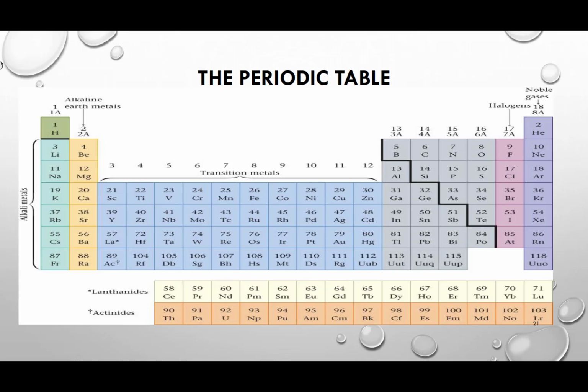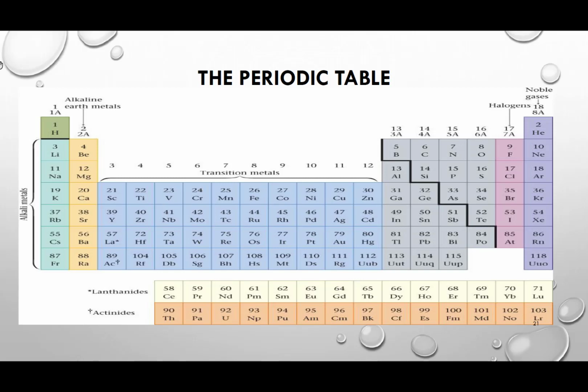That's what I mean. The periodic table is set based on the atomic number, in the order of increasing atomic number. And the periodic table always goes from left to right, top to bottom, okay?